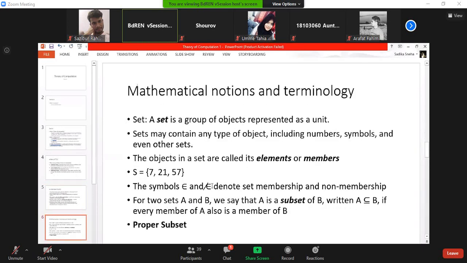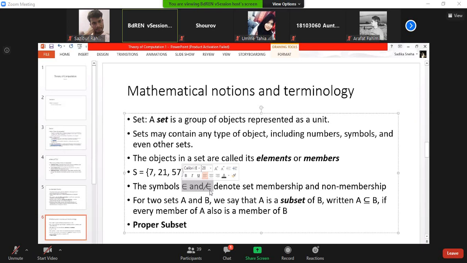The membership we represent using this sign. Maybe this sign is not proper, but you know how to do it, right? This epsilon type sign represents membership, and epsilon with a cross mark, or a backslash above the epsilon, represents non-membership.